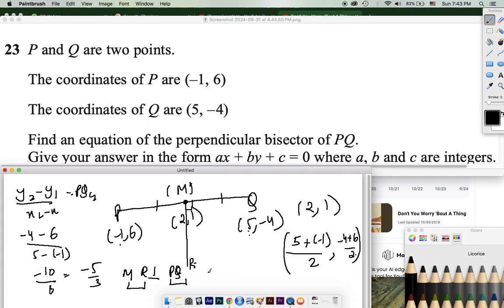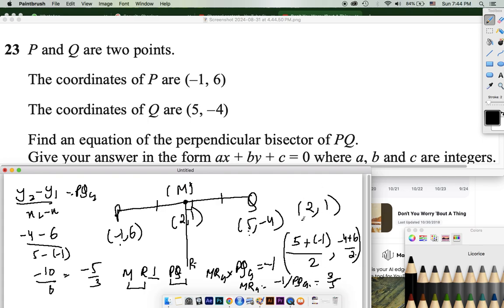So MR gradient multiplied by PQ gradient equals -1. We have the gradient of PQ as -5 by 3, so we can find MR gradient by doing -1 divided by PQ gradient. And that comes out to 3 over 5.